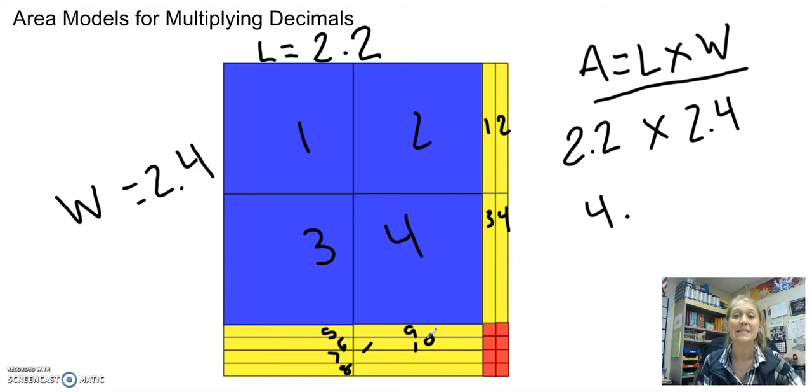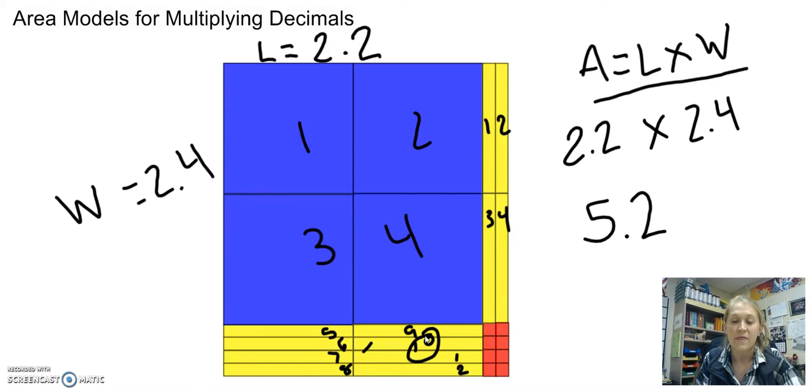Oh my goodness, when I get to 10, I have to remind myself 10 tenths equals 1 whole. So I need to go up here where I have my 4 wholes, and I'm going to erase that. And instead, I now see that I have 5 wholes because 10 tenths makes another whole.